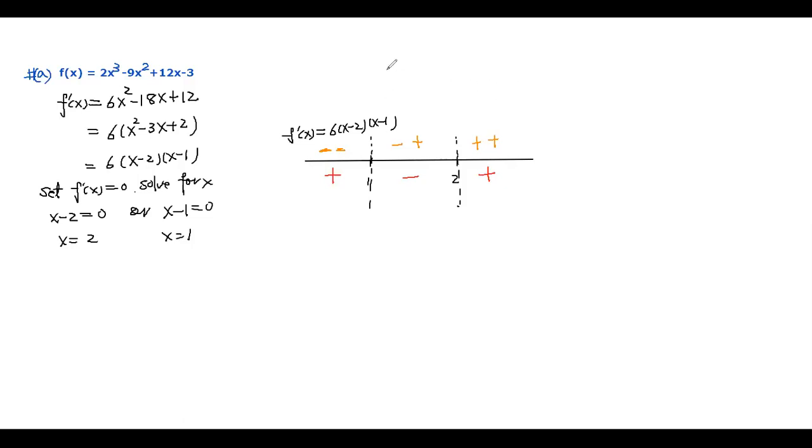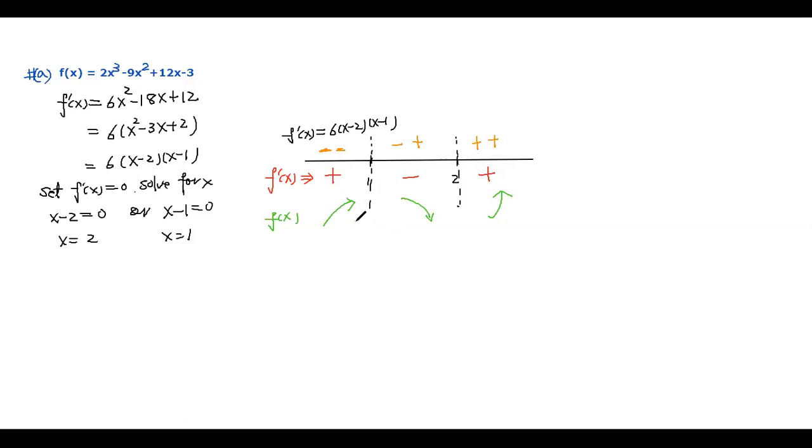So remember, this is f prime x. When f prime x is positive, your function is increasing. So my function is increasing, then decreasing, then increasing again. My function is increasing, and once it hits x equals 1, it starts decreasing, right?